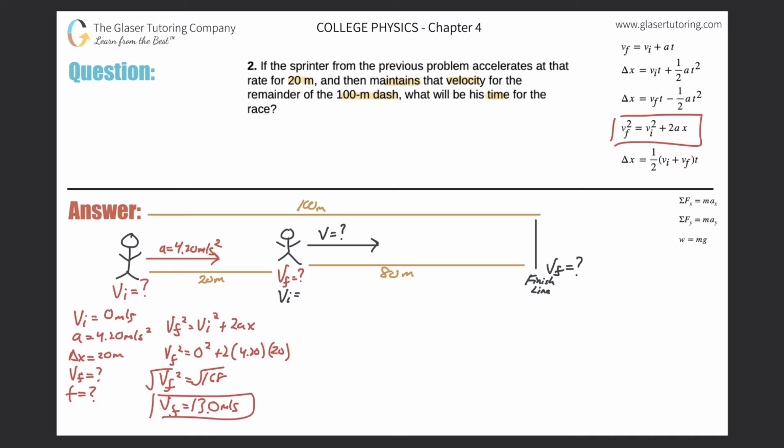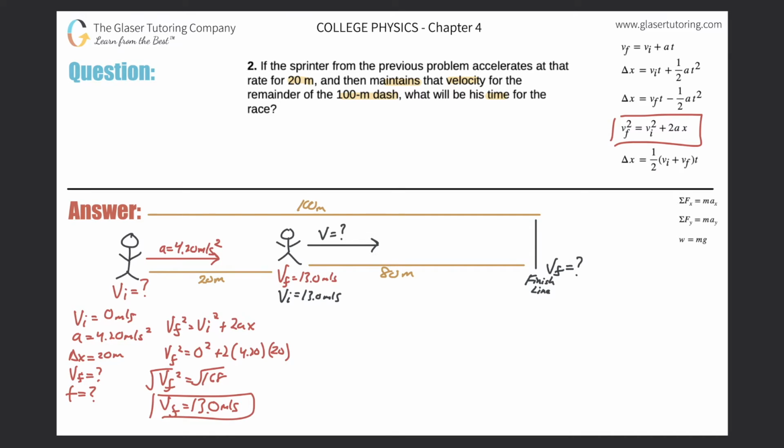So we actually know this velocity. We just calculated it, so I'm going to get rid of that question mark, and we can plug in 13.0 meters per second, as well as that initial velocity of 13.0 meters per second. So that's great. We got that out of the way.